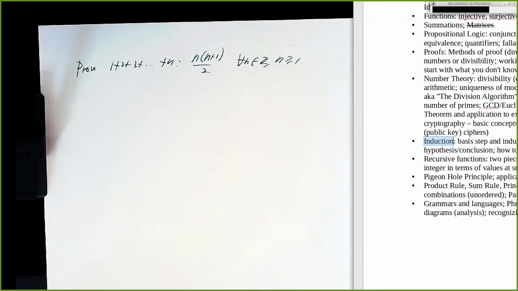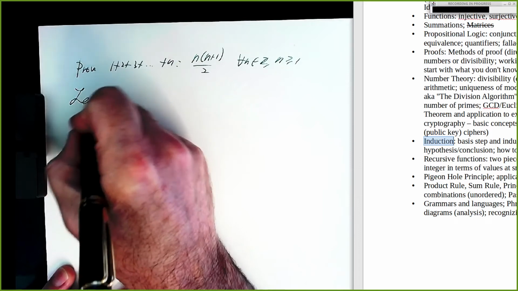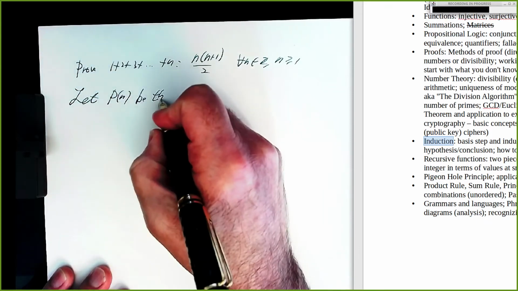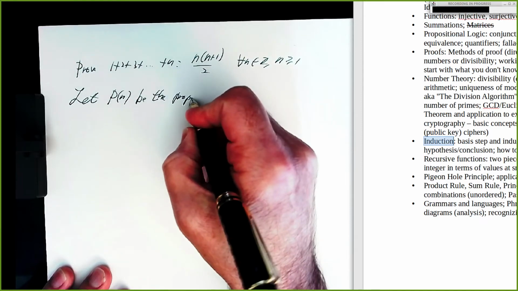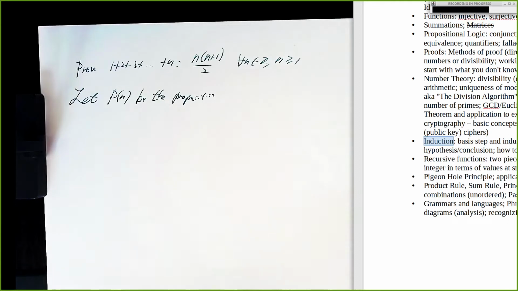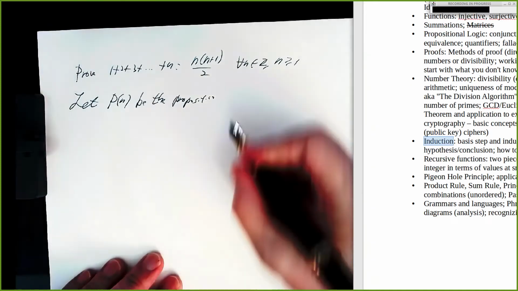So you're probably talking about a family of propositions, so define what that family of propositions is. So let P of n be the proposition. Okay, it took me 10 seconds to write that. Spend the 10 seconds. Don't say P of n equals. Let P of n be the proposition.